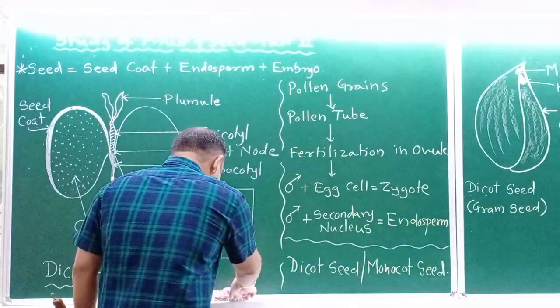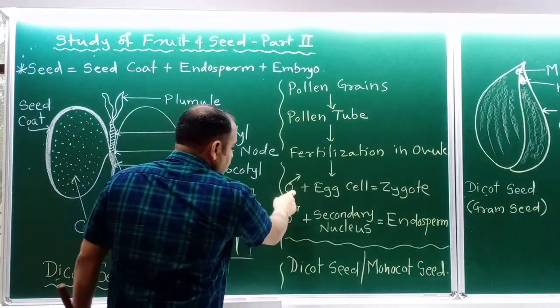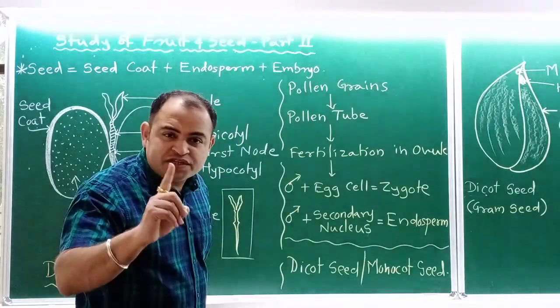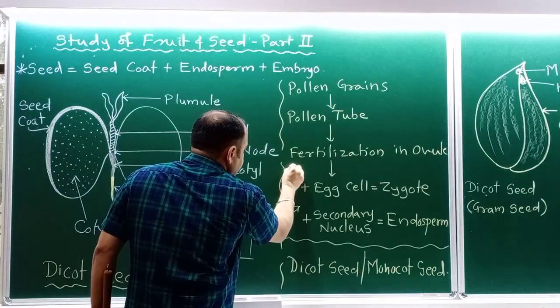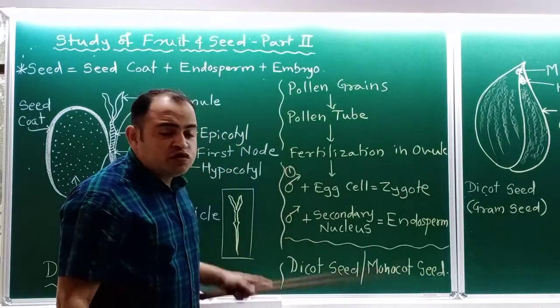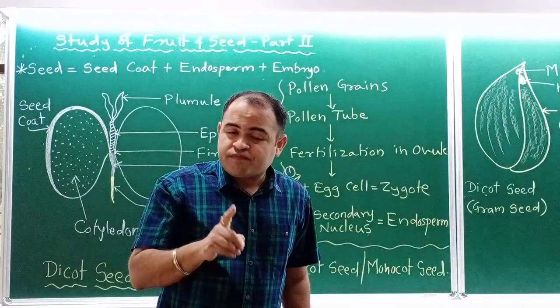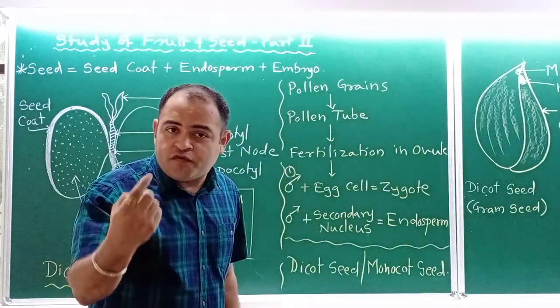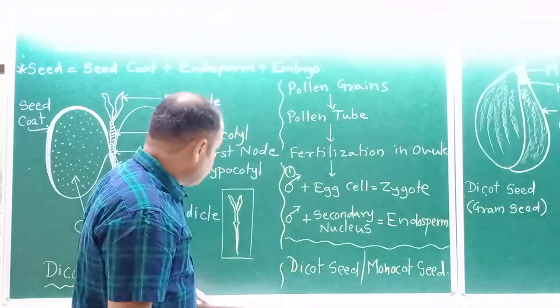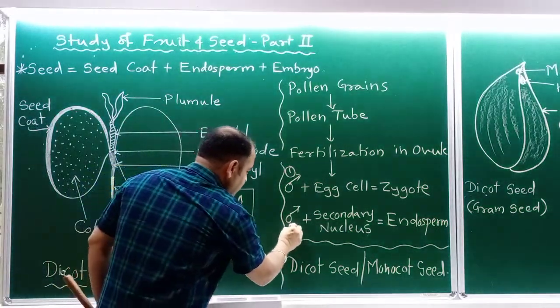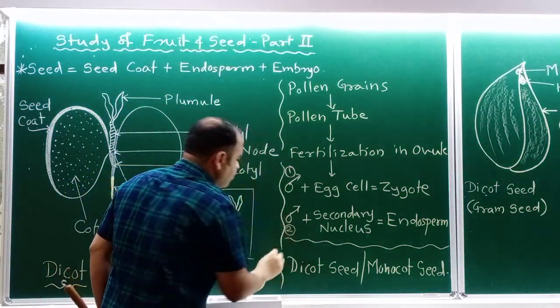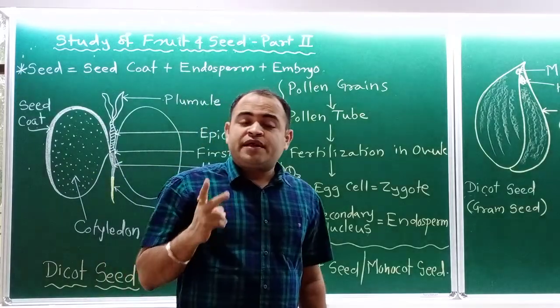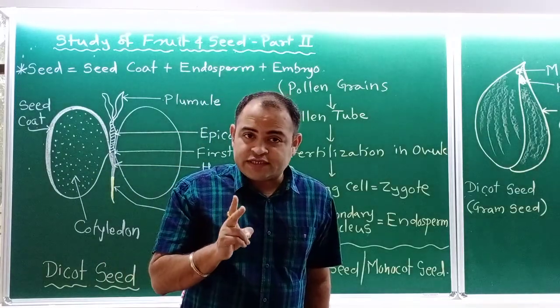The very first male gamete fuses with the egg cell. When it fuses with the egg cell, it forms a zygote, and the zygote further forms an embryo. The second male gamete fuses with the secondary nucleus.